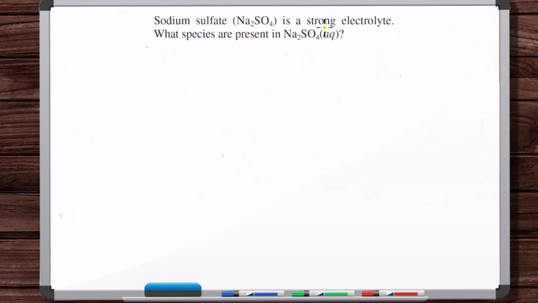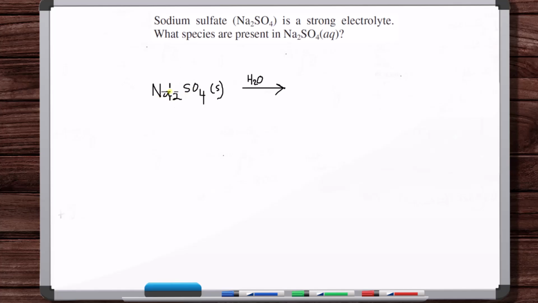Sodium sulfate is a strong electrolyte. What species are present in Na2SO4 aqueous? Okay, so Na2SO4 solid, dissolve it or introduce it to water, and so it separates into its ions.